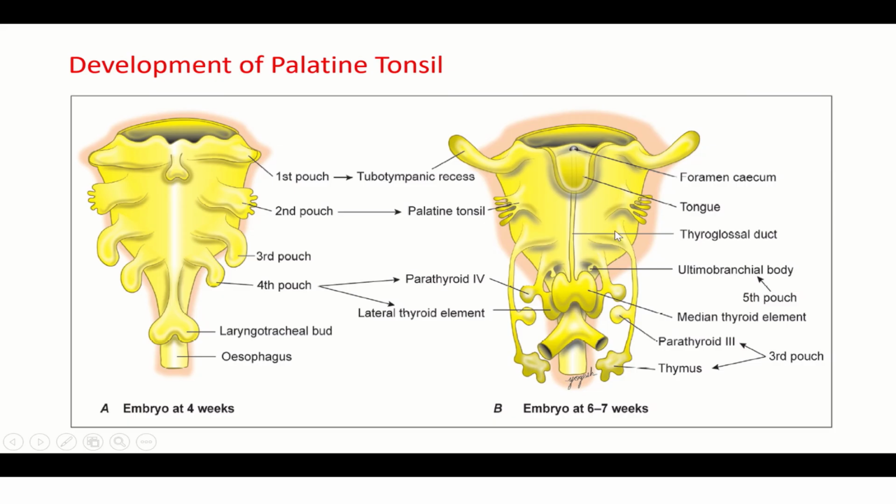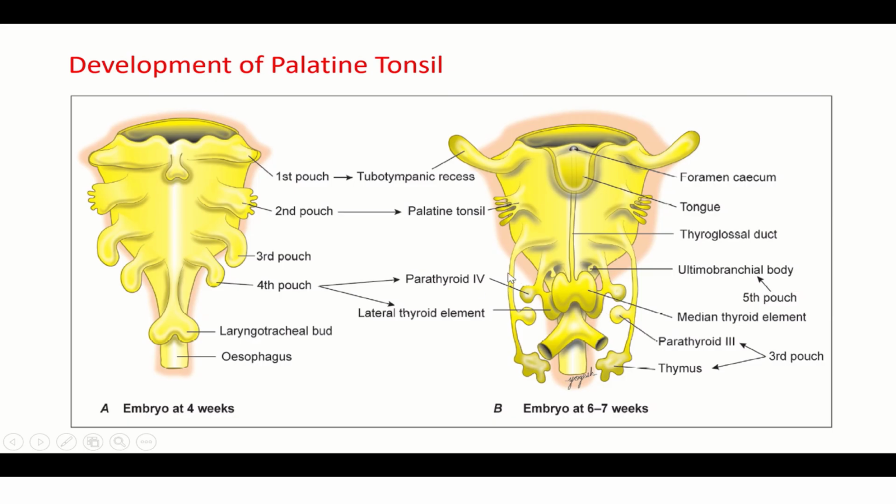You can see here, from the third pouch, the inferior parathyroid is being dragged down along with the thymus, making it inferior in position. And from the fourth pouch, the lateral thyroid element will fuse with the thyroglossal duct and retain the fourth parathyroid position as the superior parathyroid. This is how the third parathyroid becomes the inferior and the fourth parathyroid becomes the superior.